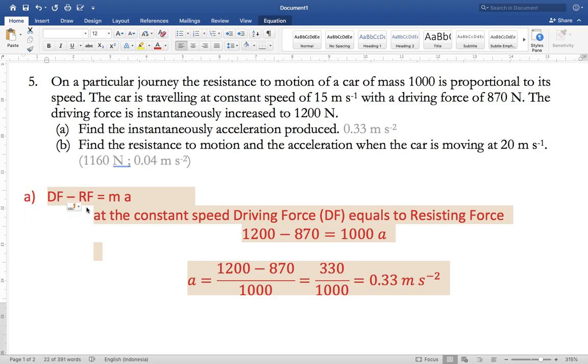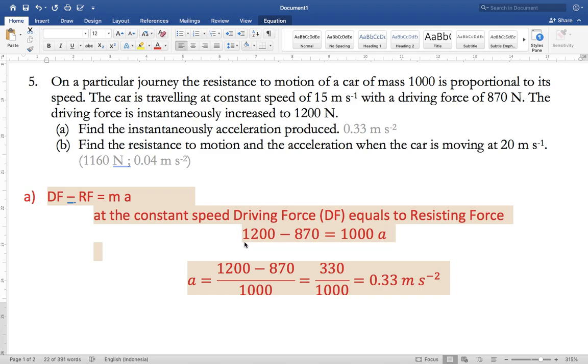The total force equals ma. The driving force minus the resisting force equals ma. At constant speed, the driving force equals the resisting force. At the constant speed of 15 meter second, the resisting force equals the driving force, so the resisting force is actually 870 Newton.